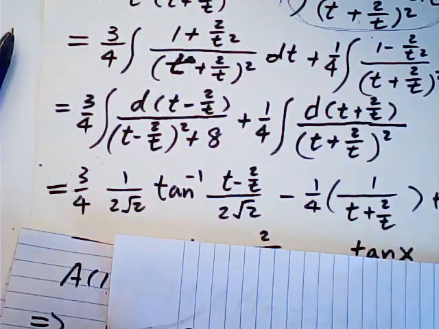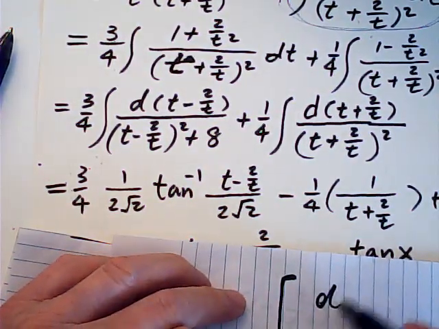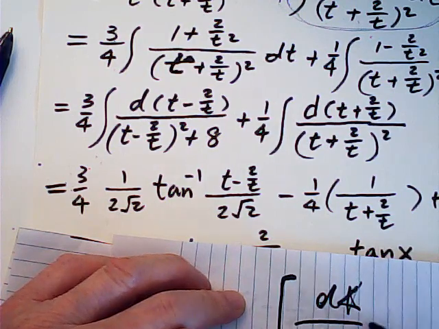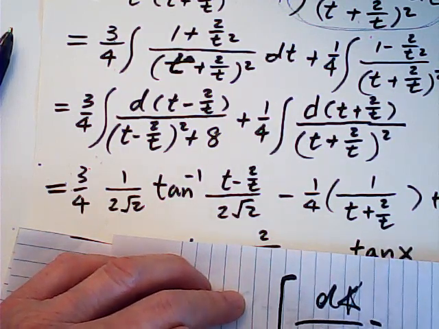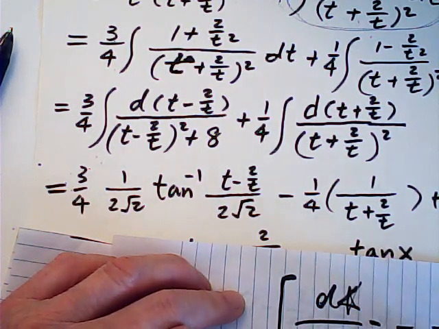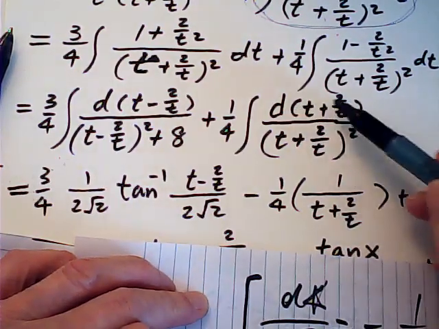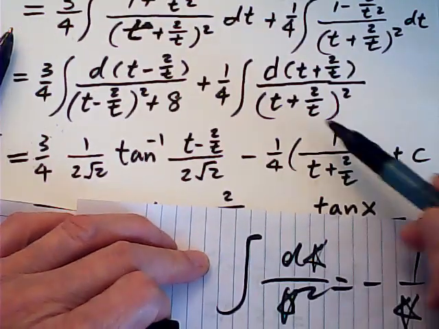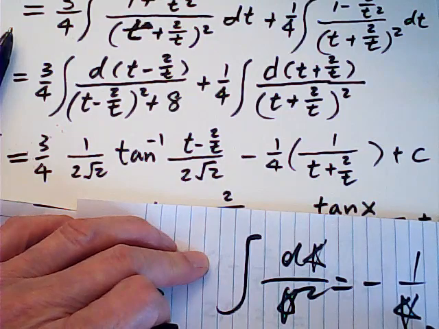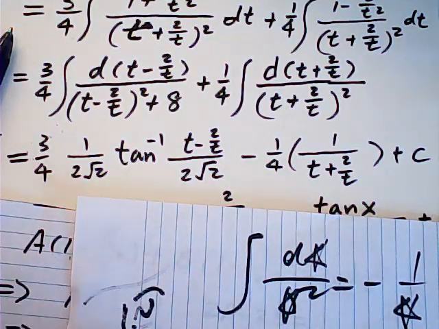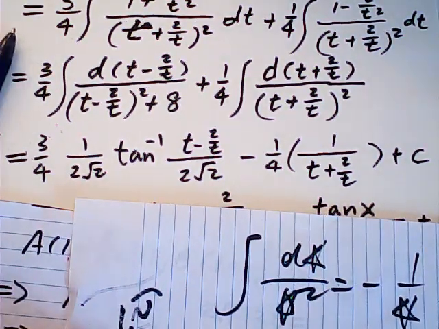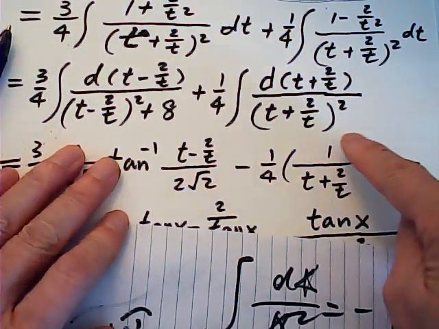Well, I write this one like this, right? D star over star squared is equal to -1 over star, right? D star over star squared is this. So it becomes -1 over that.